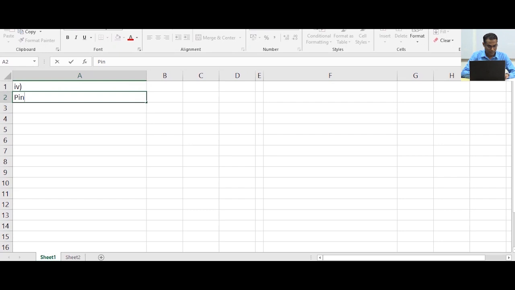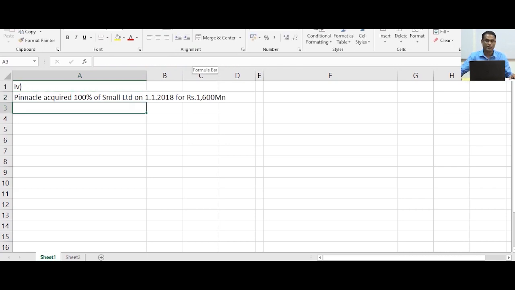Pinnacle acquired 100% holding of Small Limited on 1st January 2018 for rupees 1,600 million.